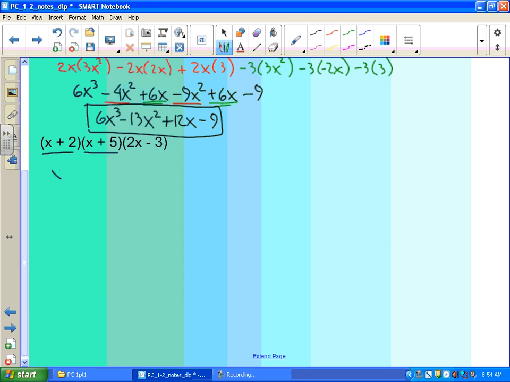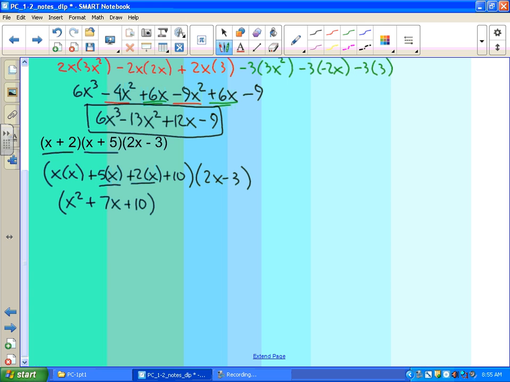If I did that, I have my x times x plus my 5x plus my 2 times x plus 10. And all of this will get multiplied eventually by the 2x minus 3. So we're going to get x squared plus, combining my like terms, 7x plus 10. And then 2x minus 3.